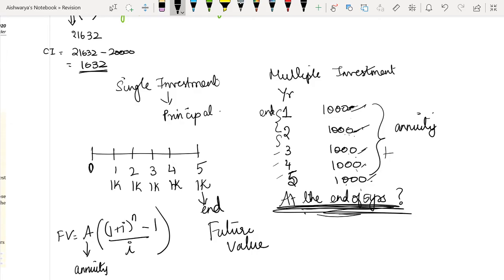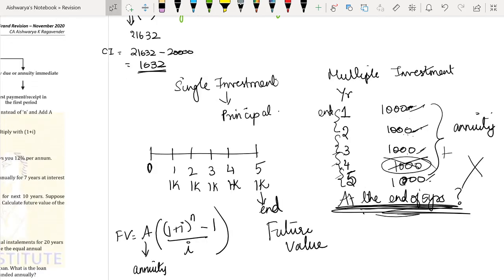Suppose you don't deposit this fourth one, instead you combine the two and deposit in the 5th year, then it is not an annuity. Necessarily you have to deposit in the 4th year and in the 5th year. If you miss out one in between, then it cannot be the case of an annuity.